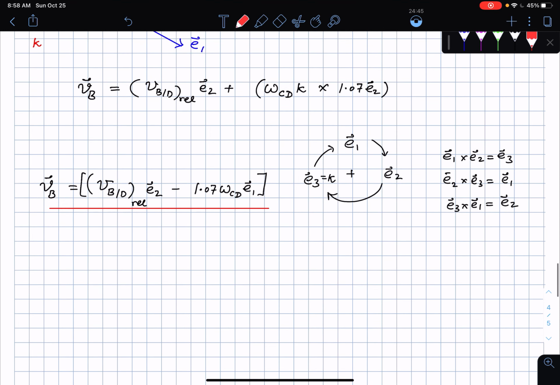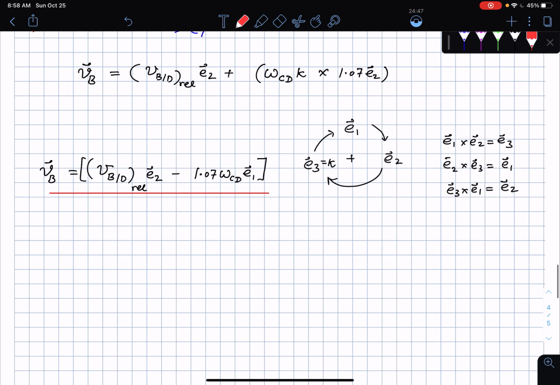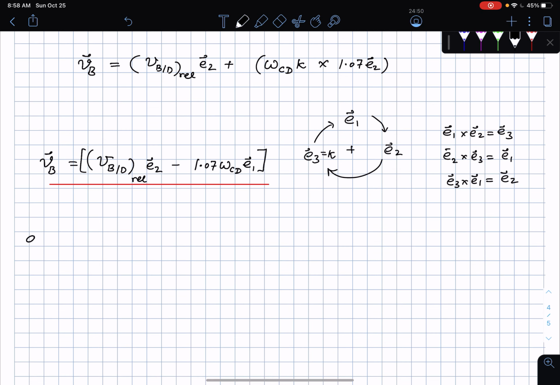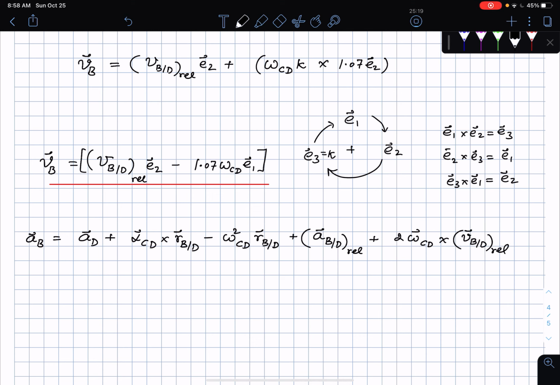Then while I'm at the bar CD, I'll also write the acceleration expression. So acceleration of B is acceleration of D, then I'm going to have alpha CD cross RB slash D, minus omega square CD times RB slash D. Then I'm going to have A B slash D relative, and then 2 times omega CD crossed with V B slash D relative.